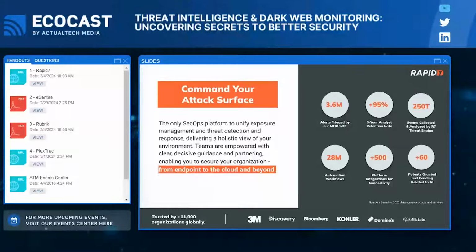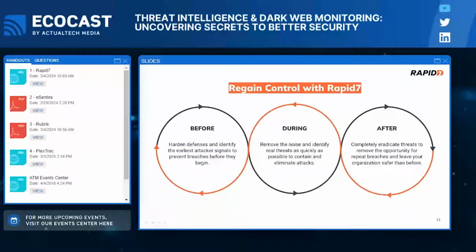And we process trillions of events and millions of alerts every year. But the stat that I think we're most proud of is the more than 11,000 customers around the world that rely on us to give them command, again, of their total attack surface, internal and external. And they're increasingly trusting more of their security stack to Rapid7 every day. So just a quick context setting of who we are and what we're focused on.